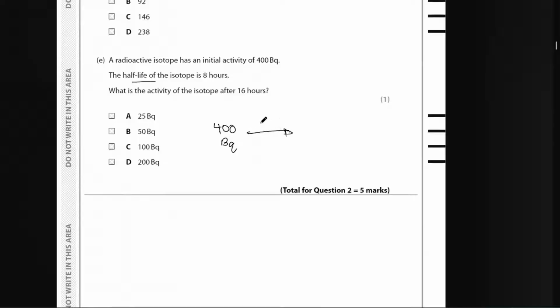After 8 hours, the activity should decrease by half, 200 becquerels. After another 8 hours, the activity should decrease by another half. So half of 200 is 100. That means after a total of 16 hours, the activity should become 100 becquerels. So the answer should be C.